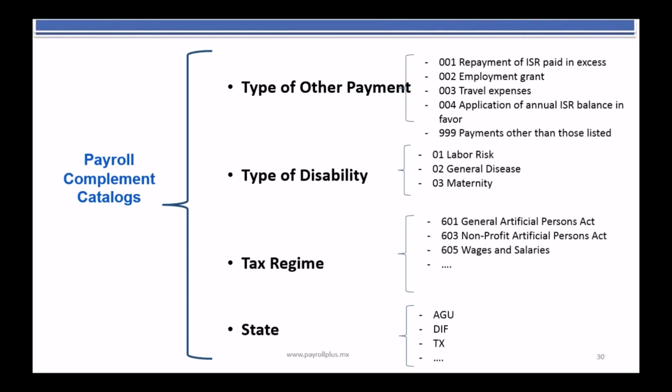Also, the deduction type is going to have an option in the catalog for disabilities. In case the employee is going through a disability, we should indicate that type of payment. Now we have another new catalog, which is type of other payments.